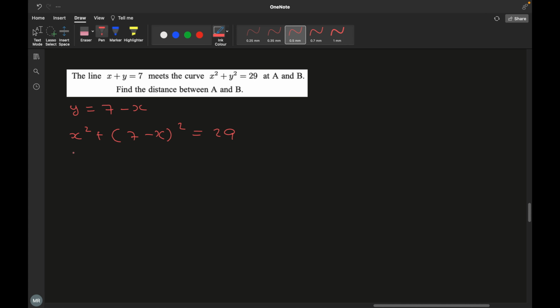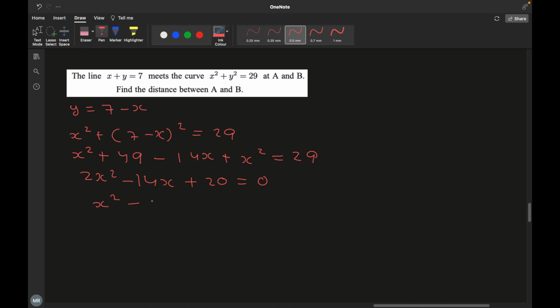Let's simplify this. x squared plus 49 minus 14x plus x squared equals 29. So 2x squared minus 14x plus 20 equals 0.